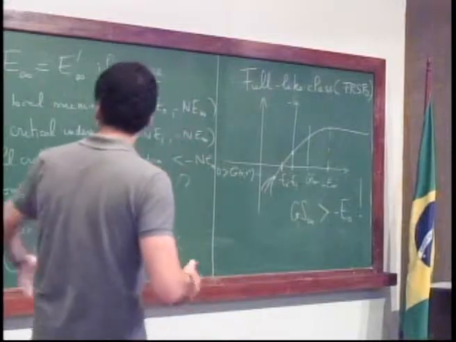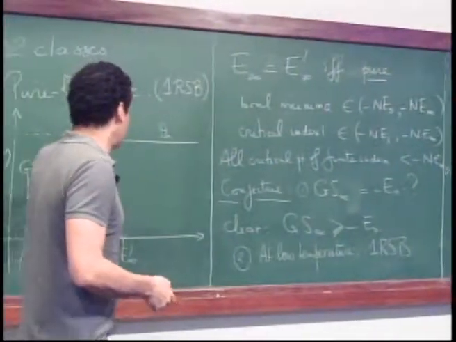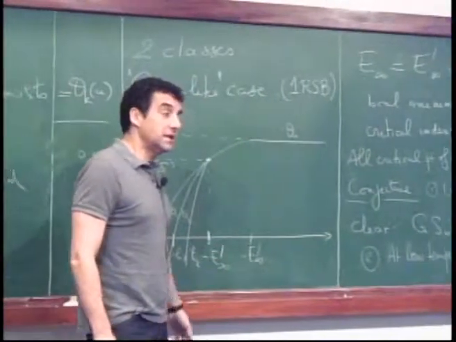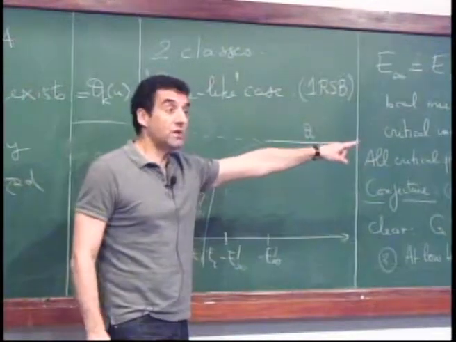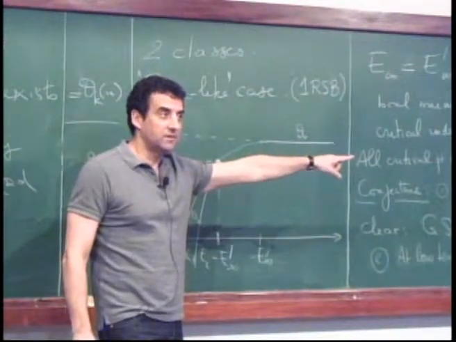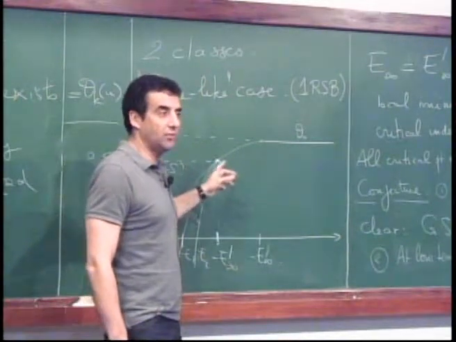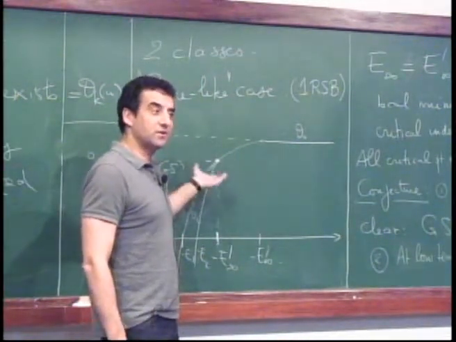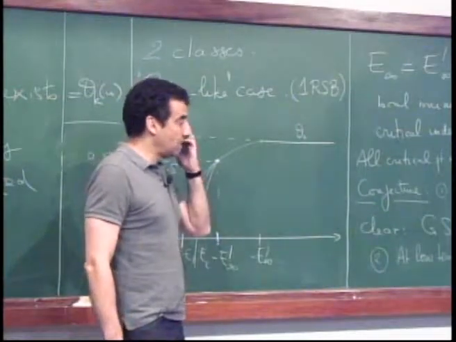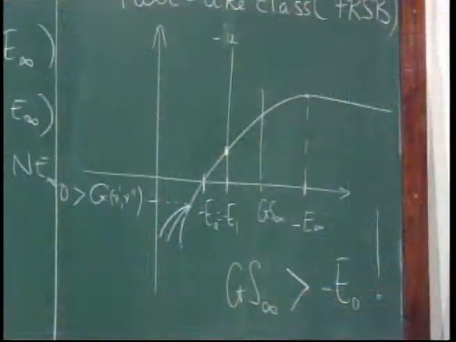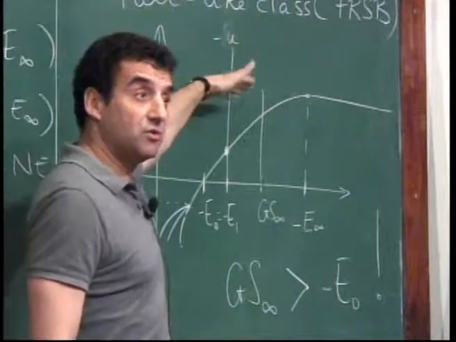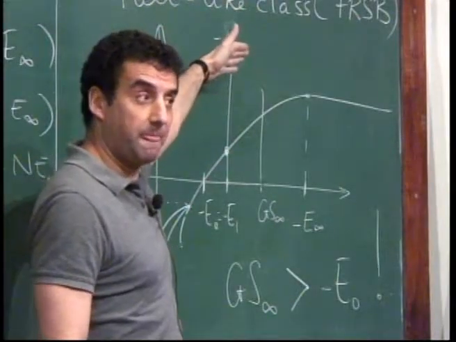So that's why I was saying that proving the concentration here, in this class, concentration will not be true. In this class, it will. I conjecture it will. So this class is much more interesting, and this class, for me, corresponds to the full replica symmetry breaking.